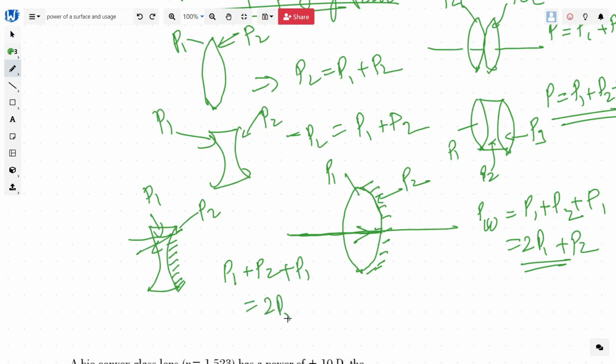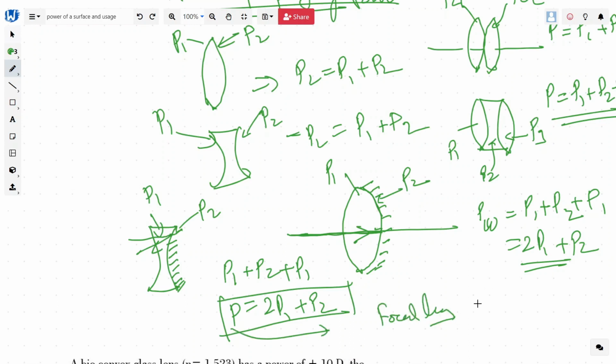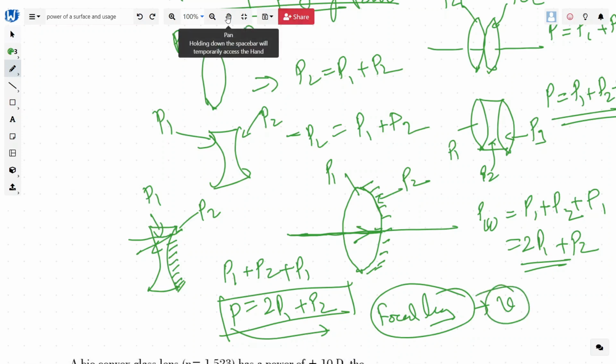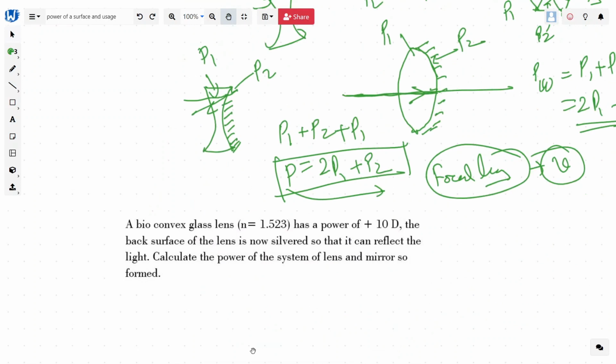This is 2p1 plus p2. And once we know the power, basically we know the focal length, and once we know the focal length, we can calculate the position of the image. So very powerful. Let's do an example.